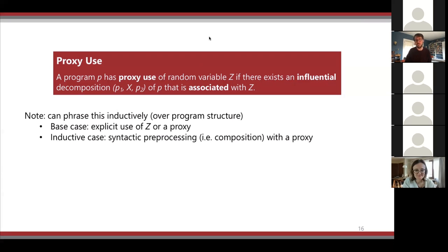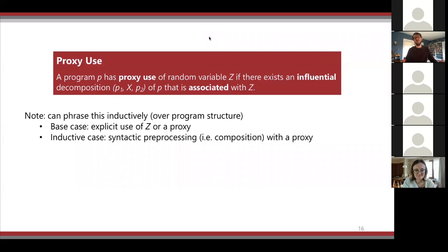So just one quick note, we can also phrase this definition inductively over the structure of the programs that we're reasoning about. The base case that you want to think about there is explicit use. Pretty literally that explicit use axiom, or the existence of some computation that's a proxy, and then the inductive case would follow from the syntactic composition with something that we already know as a proxy, right?